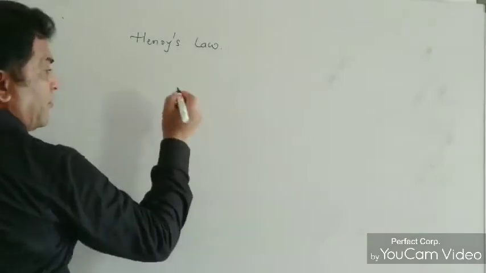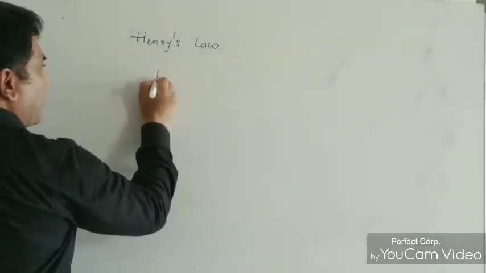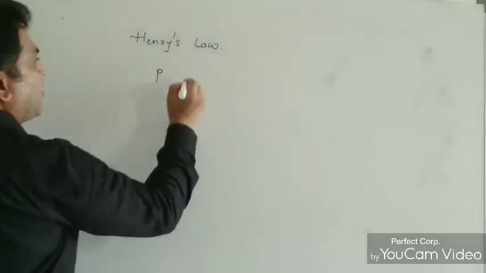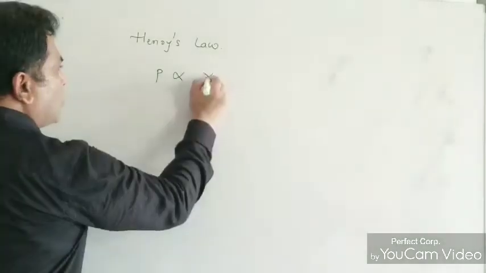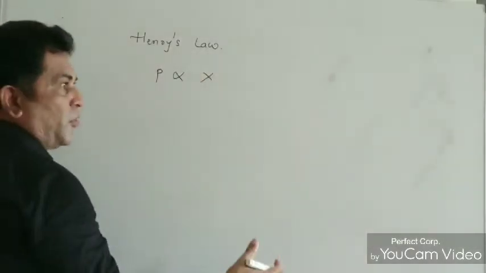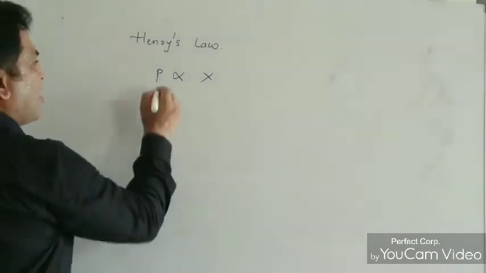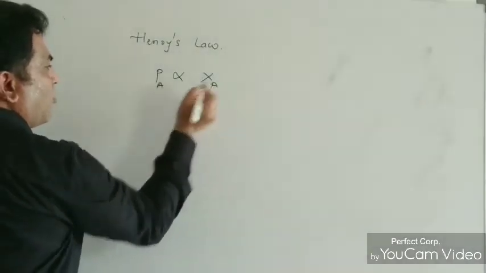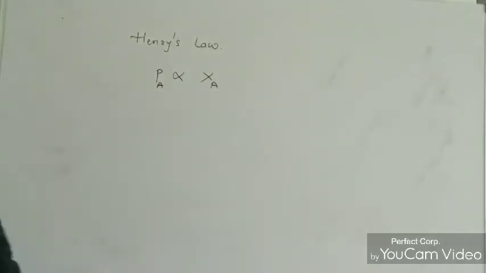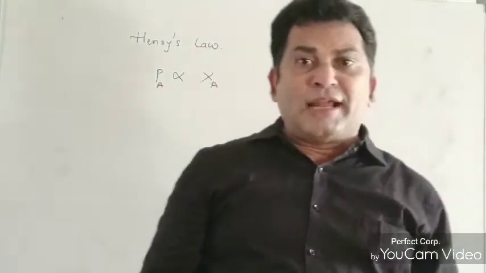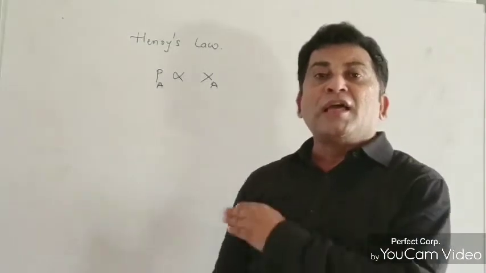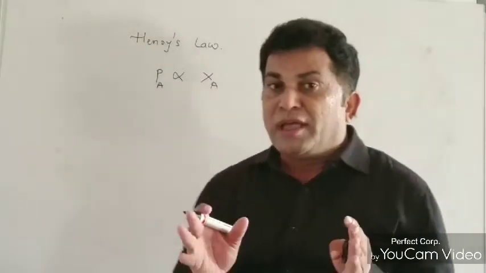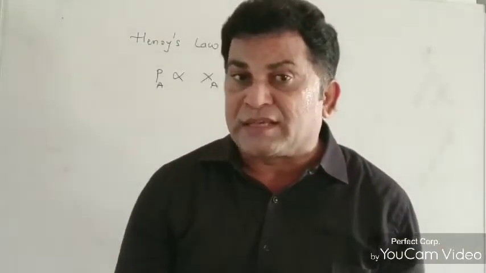Henry's law suggests that any vapor pressure is directly proportional to the mole fraction of the component. For example, the vapor pressure of A depends on the mole fraction of A. If you want to find the vapor pressure of B, then PB is directly proportional to XB. XA is nothing but the mole fraction.